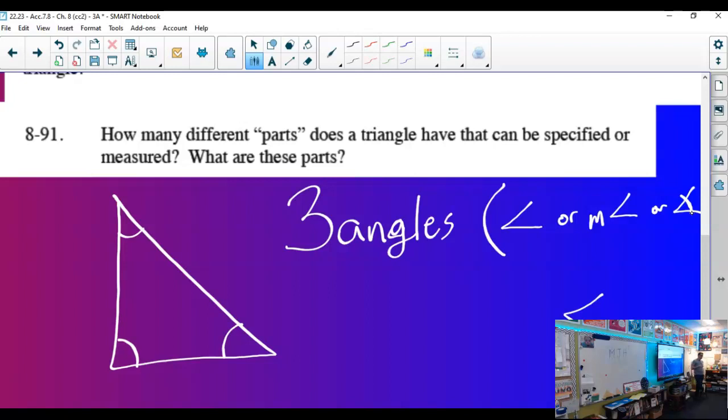So if you want to shorthand or abbreviate what you're writing, you don't have to write the word angles. We now have symbols for it. If you're going to say angle A, you don't have to write the word angle. You just do this. So 3 angles.